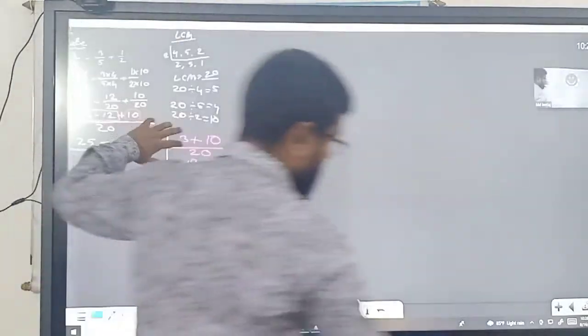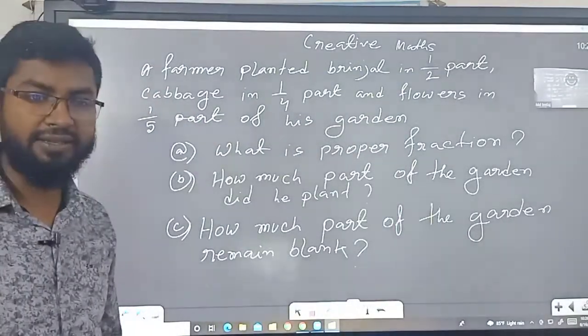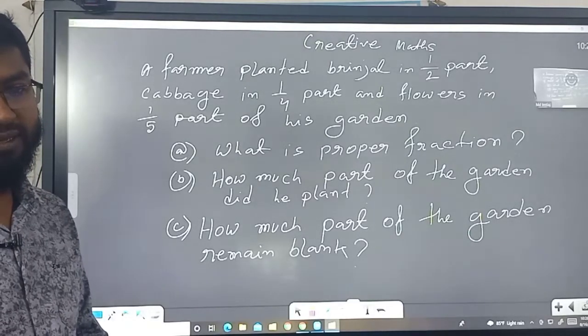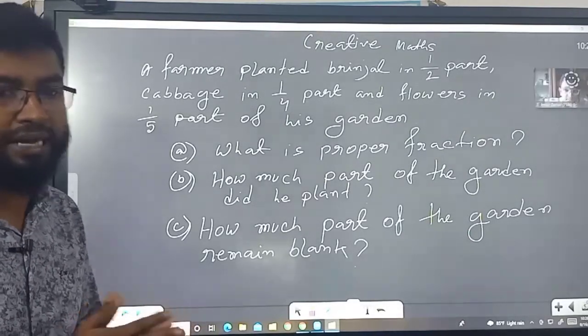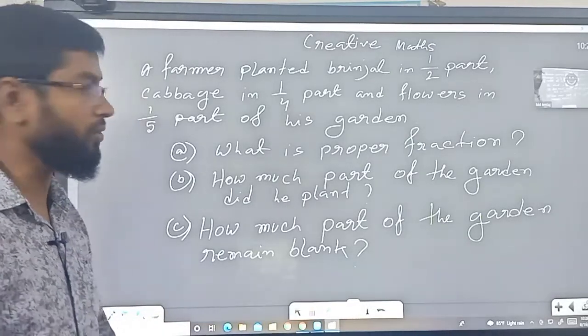Okay, keep it this side. We'll go for the next math. Have you seen the creative math? Can you read this creative math? Yes, sir. I hope you will correct this math first. Correct it. Then try to solve it.